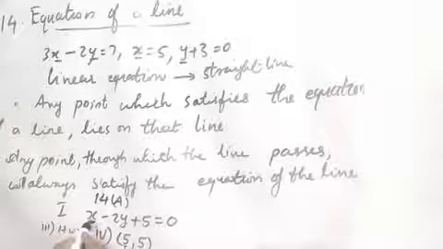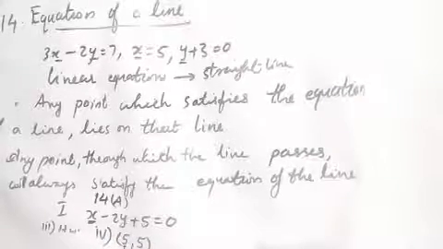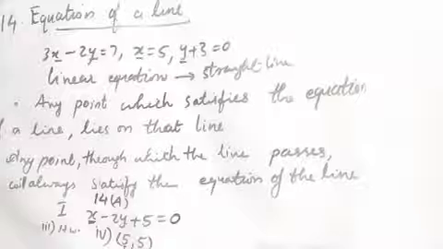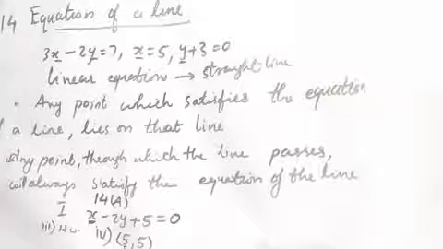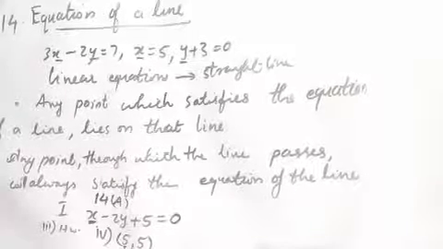So we have to apply x is equal to 5 and y is equal to 5 in this equation. So we should get the right side as 0 here. Then the left hand side and right hand side are same. We can say yes, this point lies on the given line. Otherwise, no, it is not.